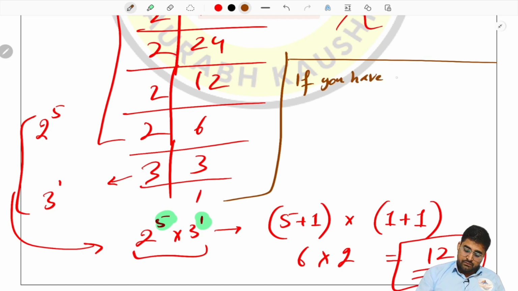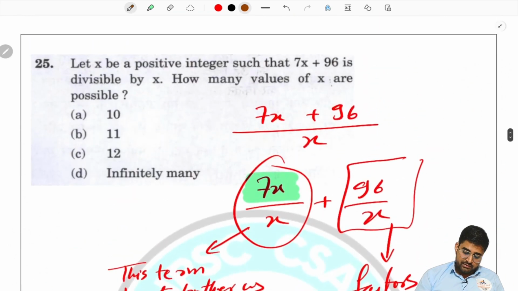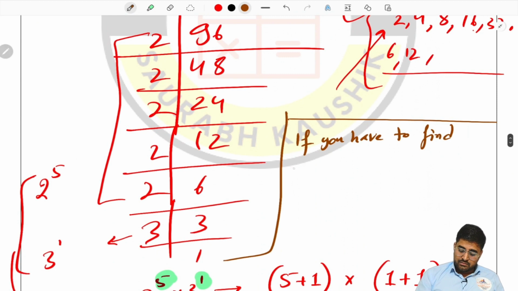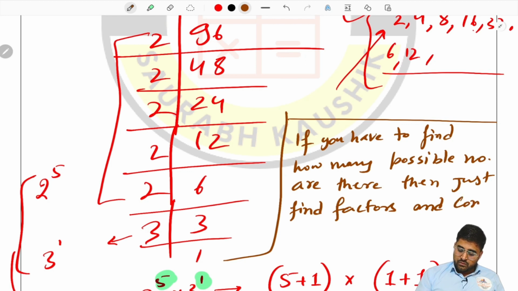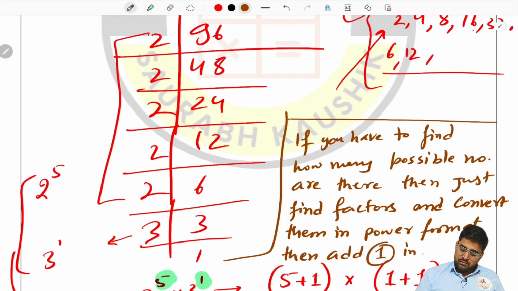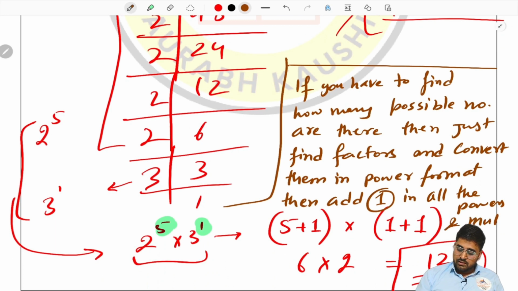If you have to find how many possible numbers are there, then just find factors and convert them in power format, then add 1 in all the powers and multiply them.